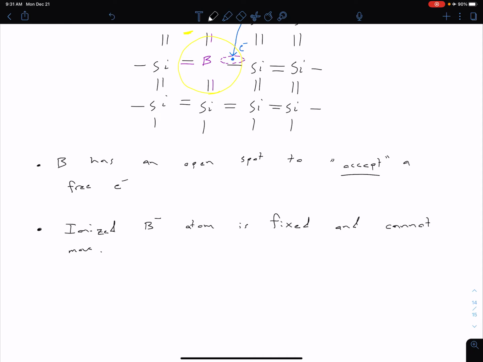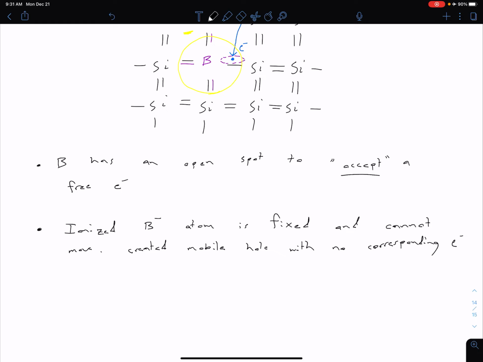So we've created a mobile hole with no corresponding electron. This goes back to a couple videos where we were talking about doping, and we said we can create only holes or only electrons. Well, this is how we would do it.